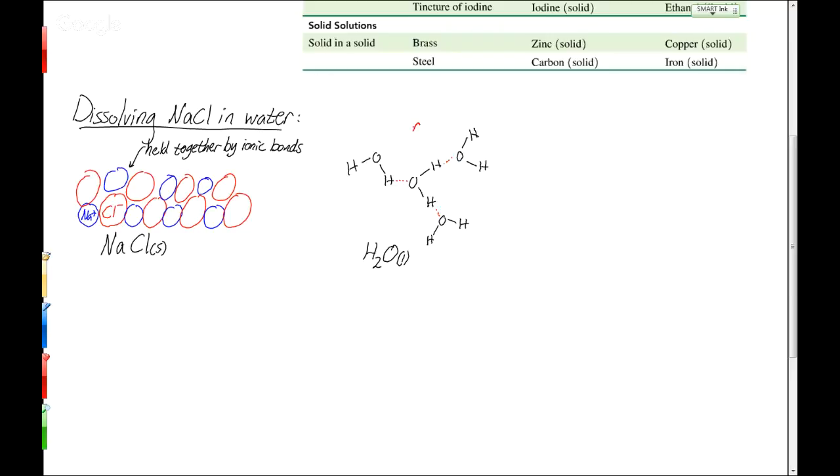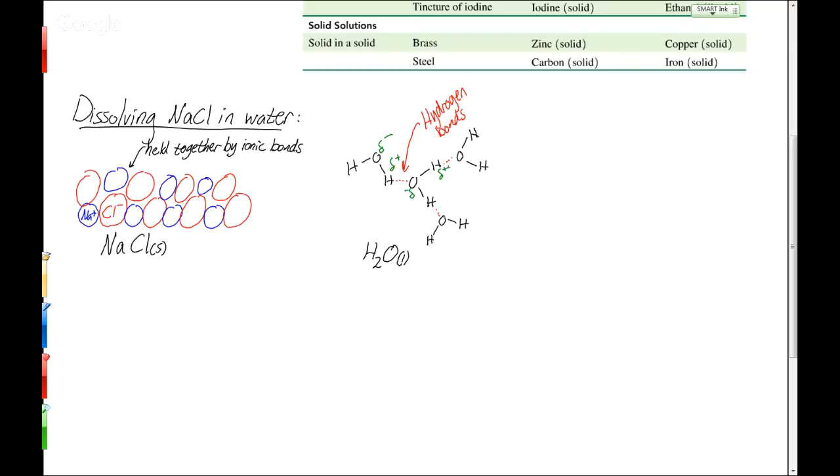So those little dotted lines that hold water molecules together are called hydrogen bonds. Remember, we said that's kind of a confusing term because it sounds like a bond, like a covalent bond, but really it's just an attraction holding them together because of positive and negative polar things, like these kinds of things. We can draw those all over.